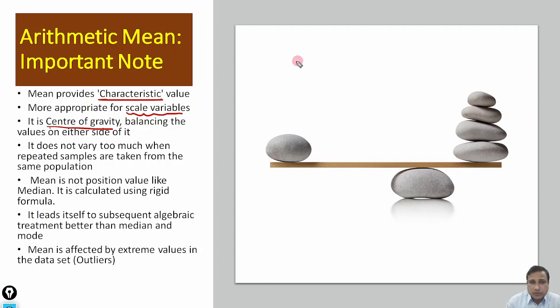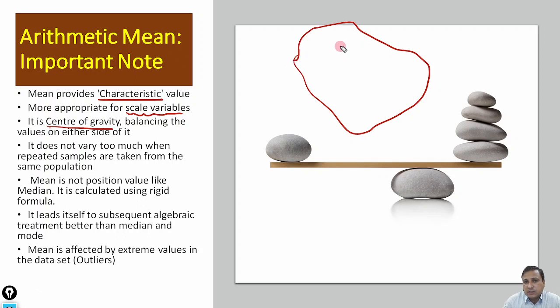What does that mean? Suppose here is a particular region, and from this region I have selected some samples and computed the arithmetic mean, and a particular number came. Suppose it is 52. This is age. Now someone else comes in, works on the same topic, and also chooses samples from the same population using a different scientific method.